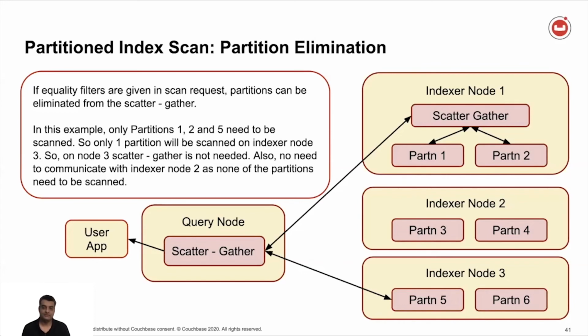But on indexer node 3, even though there are 2 partitions, scan is only being done on partition number 5. So there is no need for scatter gather on that node. On query node, results will be gathered and the results will be returned to the user application.